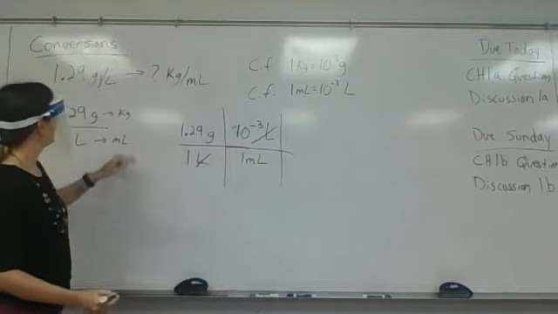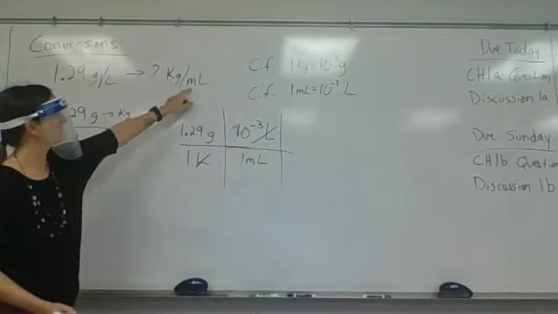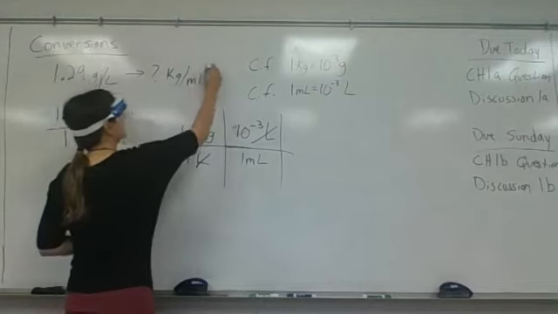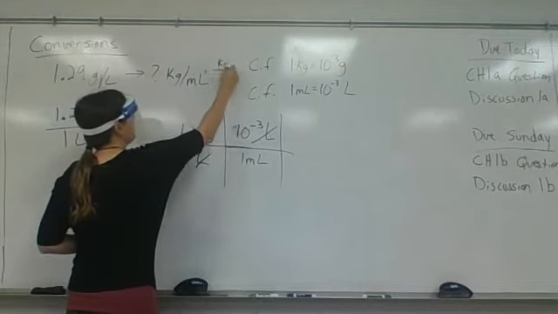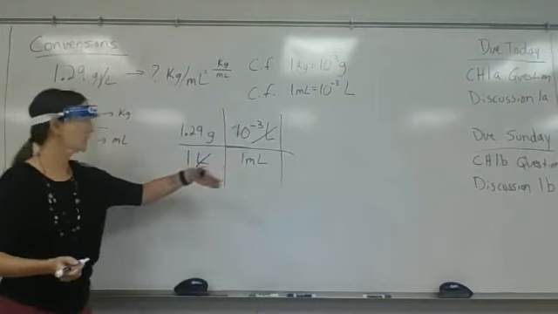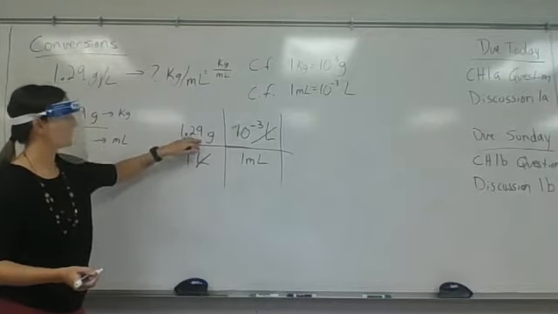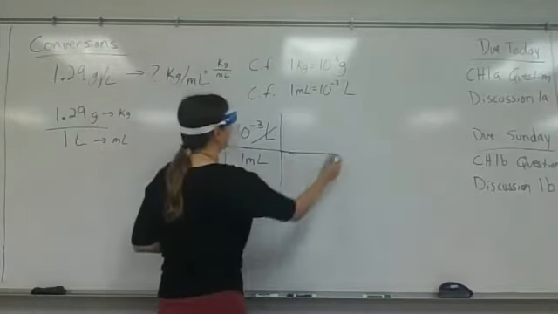So now I have my milliliters in the denominator like I'm looking for once I'm done. That's all this is, it's kilograms over milliliters. Now we have milliliters in the bottom, so we're good there. So we're going to use the top one now to figure out this gram situation. We want it in kilograms.